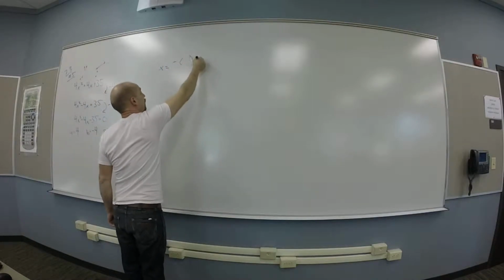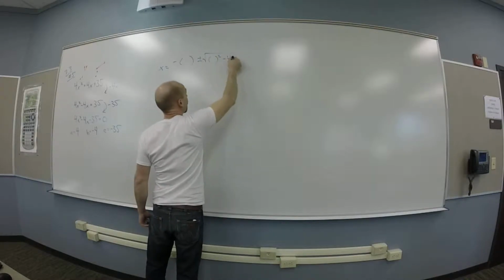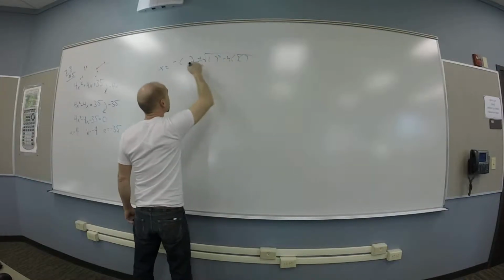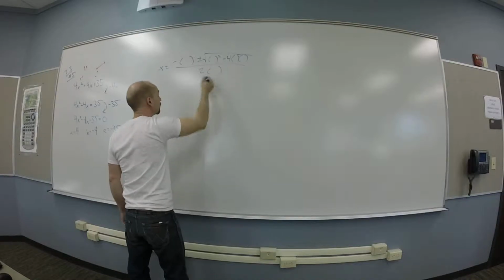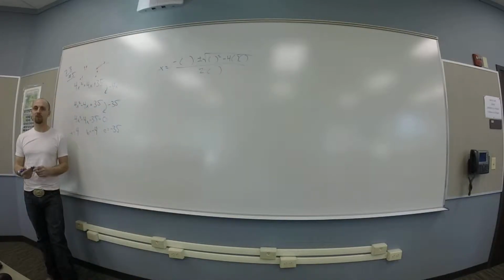So we have negative a blank, plus or minus, the square root, something squared, minus 4 something something, over 2 something. I really do recommend that you write that thing down with the letters in it in the corner, or on the top of your test so you don't screw it up.